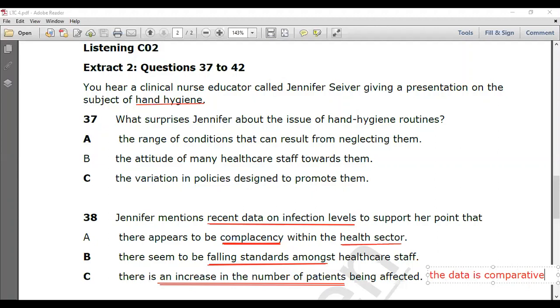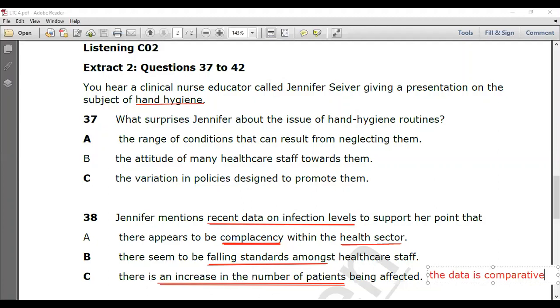So only if there is a comparative description, then C would be the correct answer. If the data is about how every year this many people are getting affected, then probably C would not be the correct answer.